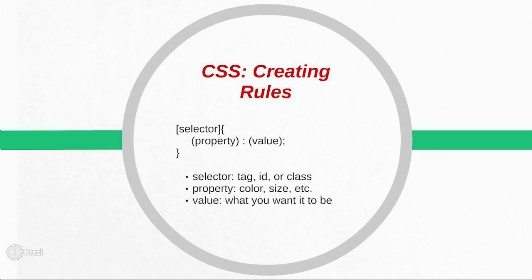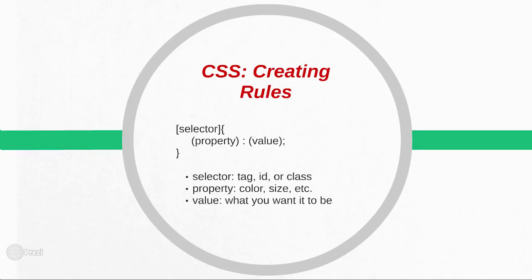Typically, we don't name classes .home or .whatever. The only reason we put a dot in front is to tell CSS that this is a class. So you don't actually type the dot in your HTML document. This is only in CSS, everything that you see here. Is that clear? Okay, awesome.